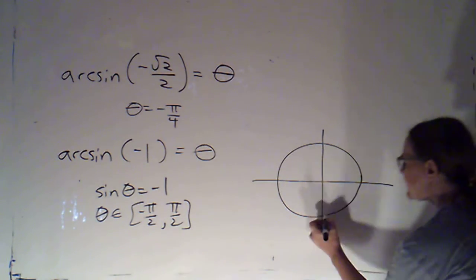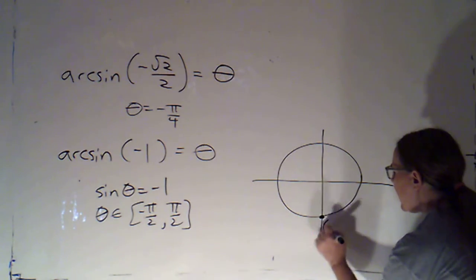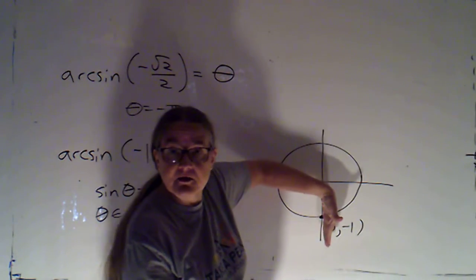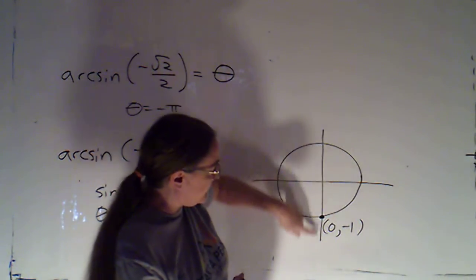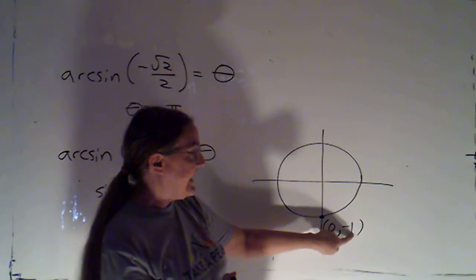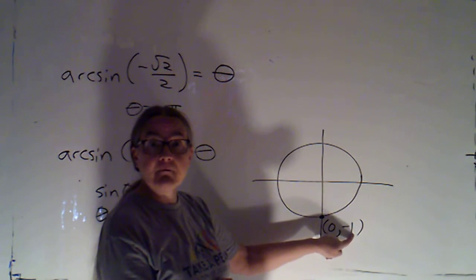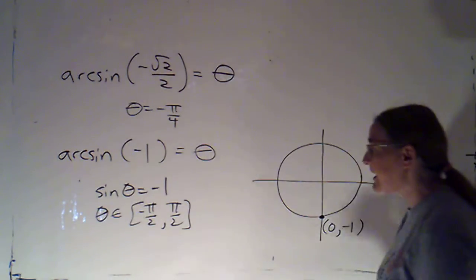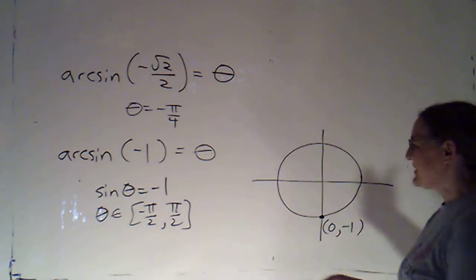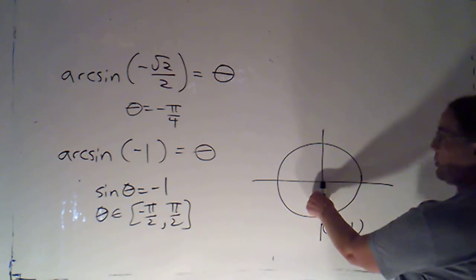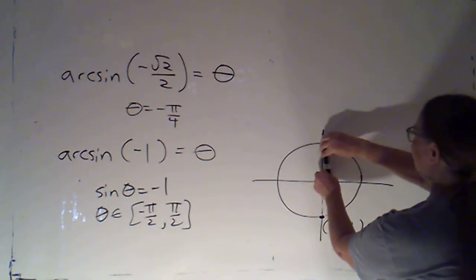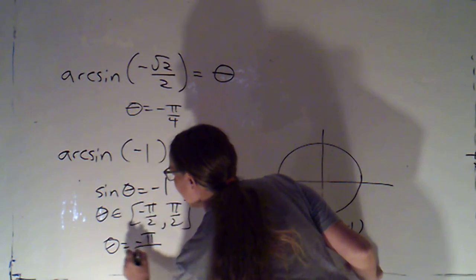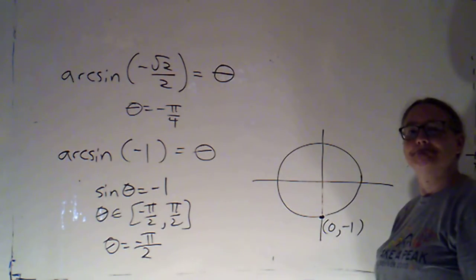I know that if sine is -1, I've got to have an angle whose terminal ray passes through the negative y-axis so that it hits this point right here, and the y value is -1. So there are infinitely many angles that do that, but there's only one in this interval, going from -π/2 to π/2. So my theta in this case would be -π/2. Excellent.